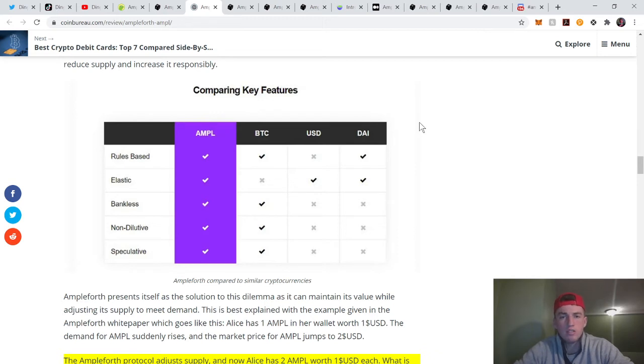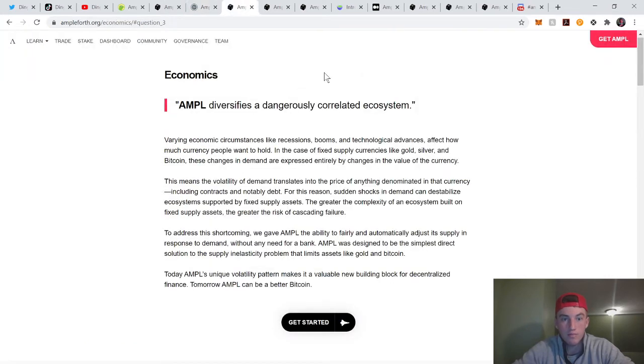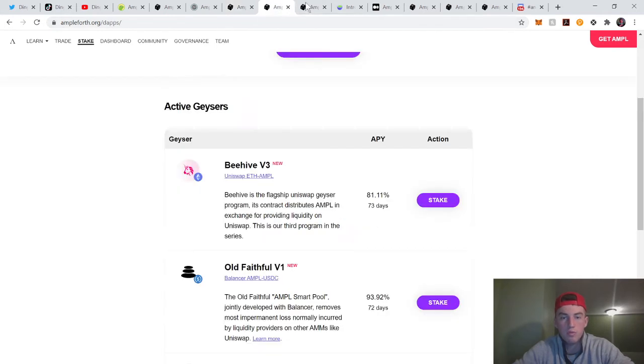So the adjusting factor is market cap. Once elasticity becomes a problem for Bitcoin, then Ampleforth might be looking good. But until that becomes a problem, right? But anyways, okay, this is just more of a diversification use case proposal type deal.